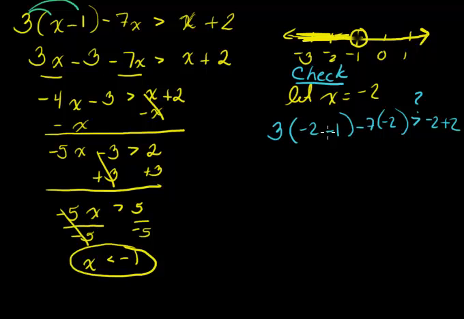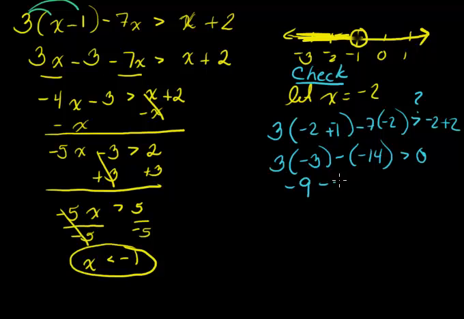Alright, so negative 2 minus 1, use same change. We get negative 3. So 3 times negative 3. And then minus 7 times negative 2. That's saying minus negative 14. And negative 2 plus 2 on the right-hand side gives us 0. So 3 times negative 3 is negative 9.